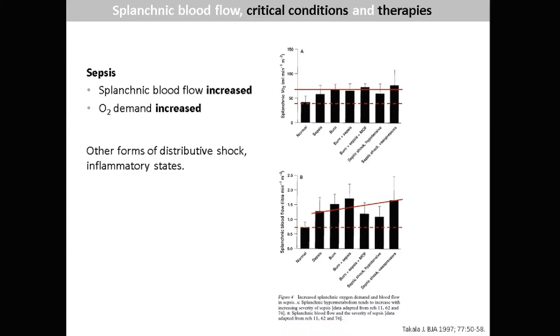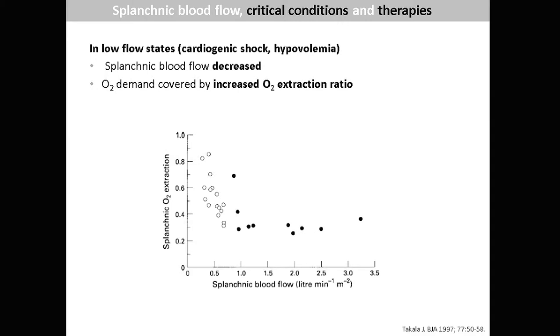Both are increased, the blood flow to the splanchnic area and the oxygen use in that area. The lower graph shows the splanchnic blood flow, and it is thought that how high it goes depends on the severity of sepsis or this distributive condition.